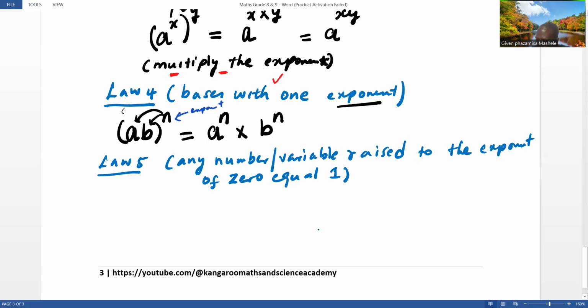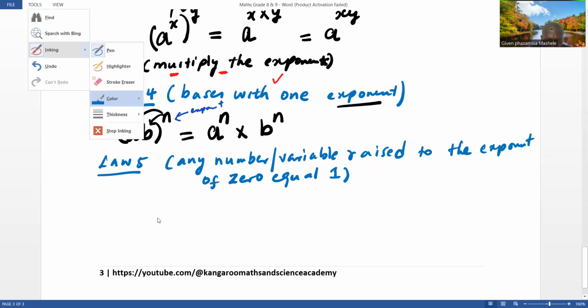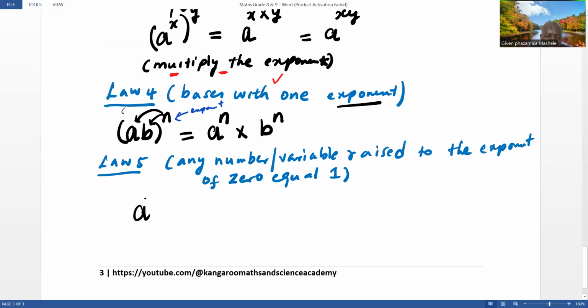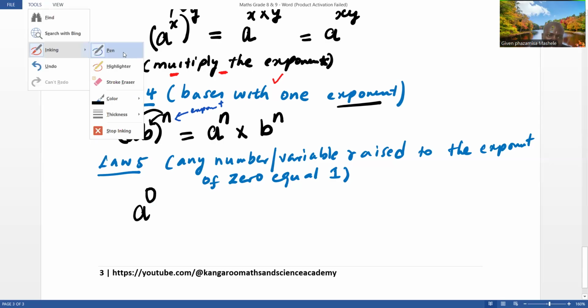What does this mean? It means if we have a base of a, and we raise this base a to an exponent of 0, I believe now you're following which one is the exponent and which one is the base.